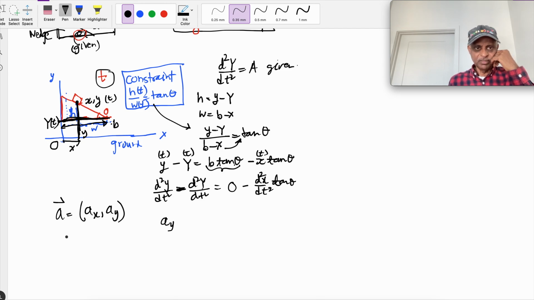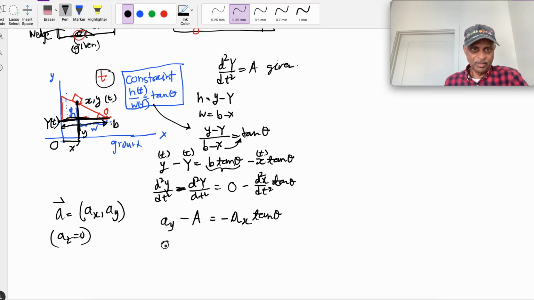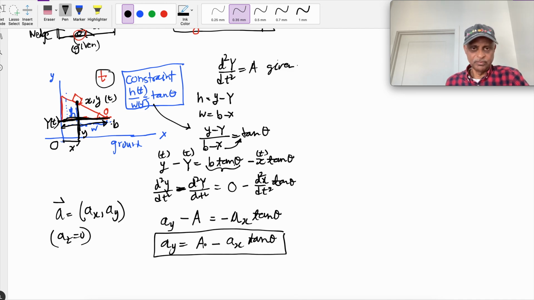So these components, of course, az is 0. Okay, ay minus this I'm calling a, equals minus little ax tangent theta. So ay is a minus ax tangent theta. That's the relationship.